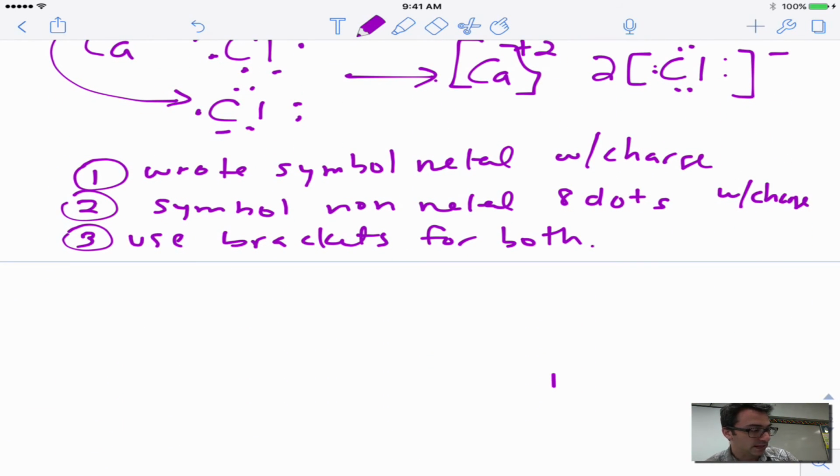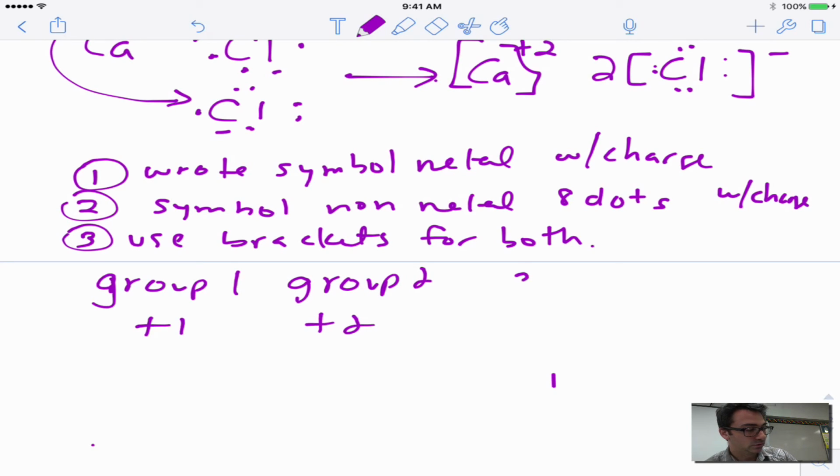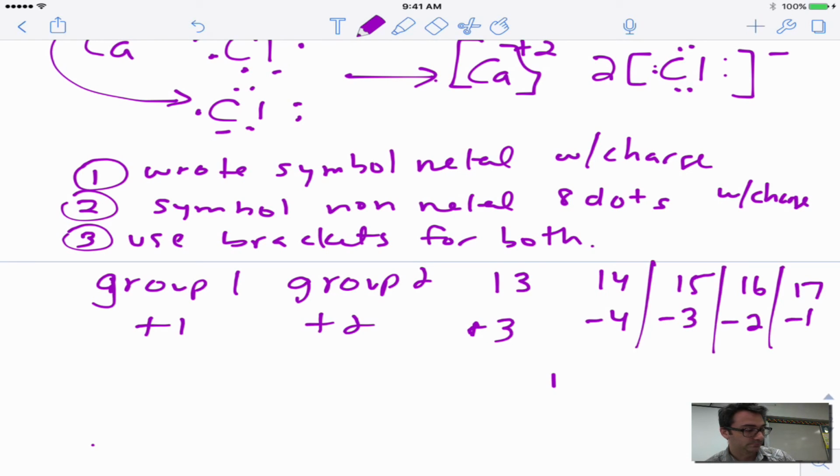So let's say that I were to have something in group 1. Group 1 will always be +1. Group 2 is always +2. Group 3, or 13 I should say, is +3. Group 14 is -4, 15 is -3, 16 is -2, 17 is -1. So here are my charges for each of these elements.